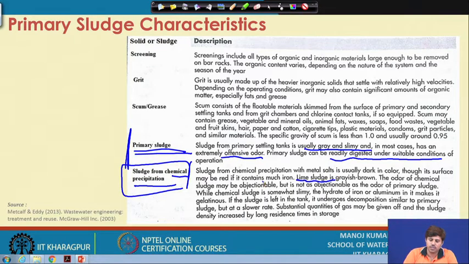Adding the chemical, particularly lime, allows the various hydrates of iron, aluminum and various other metals to settle.